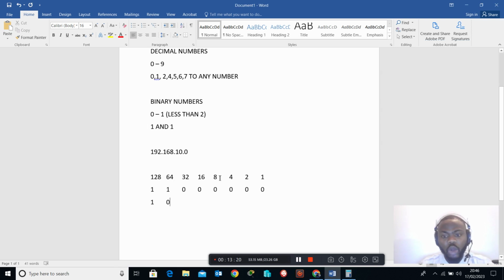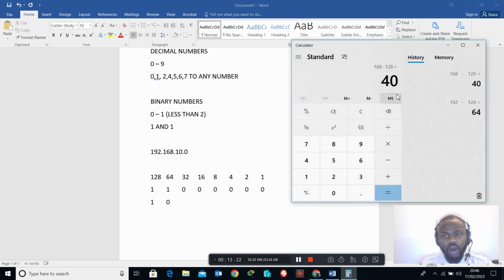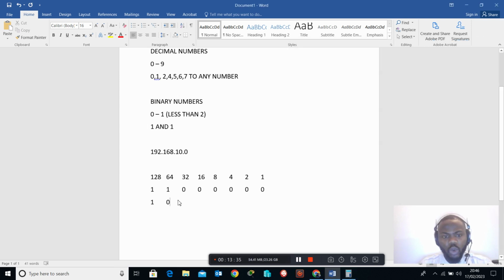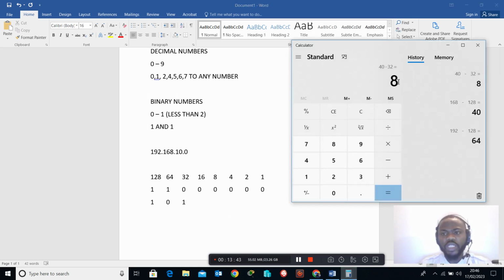That bit is going to be off. So I have 40. Is 40 greater than or equal to 32? Yes, 40 is greater than 32. So if I do minus 32, I'm going to have 8. That means this bit is going to be on. After I've done that, I'm left with 8.